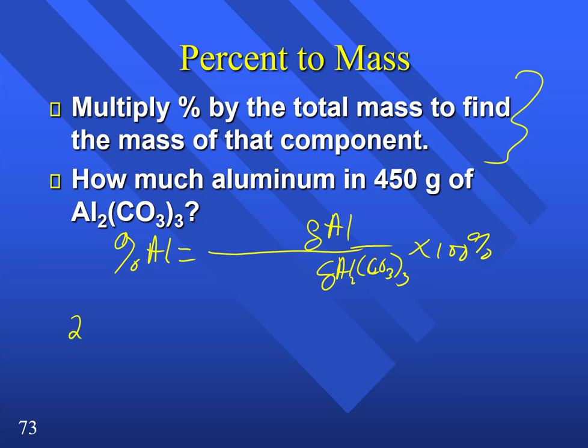So that's 2 aluminums. So that's 2 times 22.99 is 45.98 grams of aluminum. Okay, so I got to distribute that 3, so there are 3 carbons, and that's 36.03 grams.